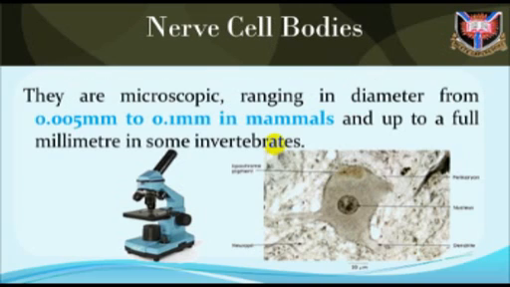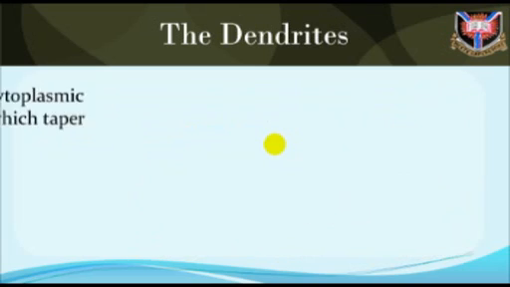Nerve cell bodies vary in size and in shape. They are microscopic and range in diameter from 0.005 mm to 0.1 mm in mammals and up to a full millimeter in some invertebrates. Dendrites and axons.